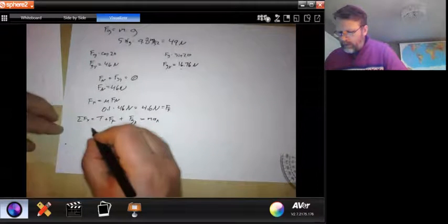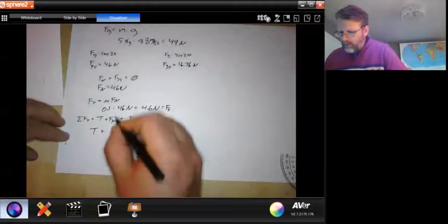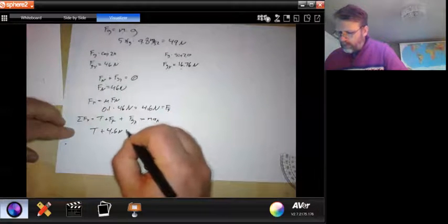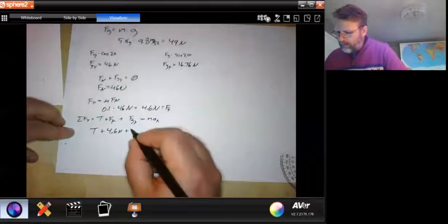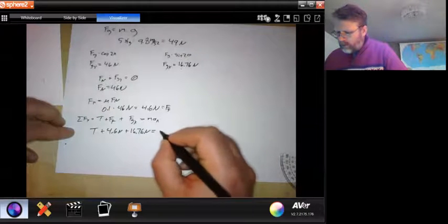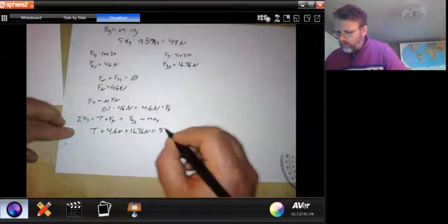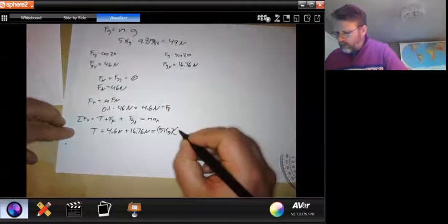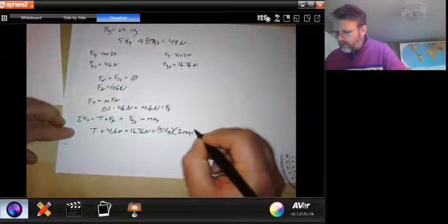So we can plug in a lot of numbers here. Force of friction was 4.6 newtons, force of gravity in the x was 16.76 newtons, mass was 5 kilograms, and acceleration was 2 meters per second squared.